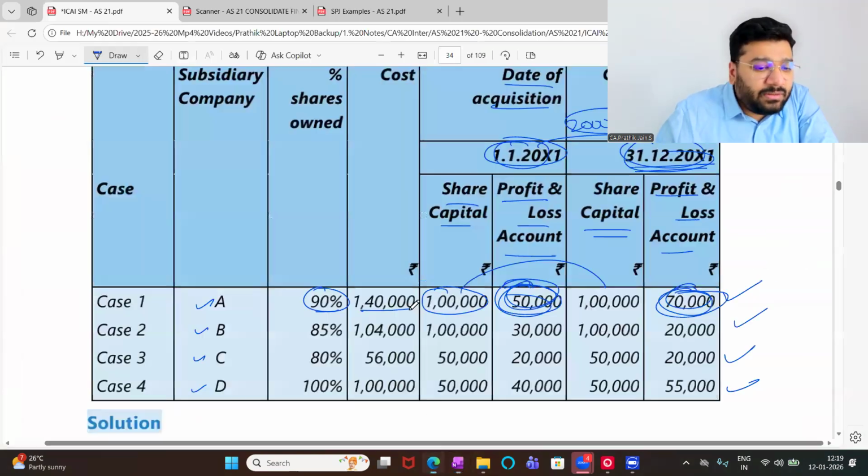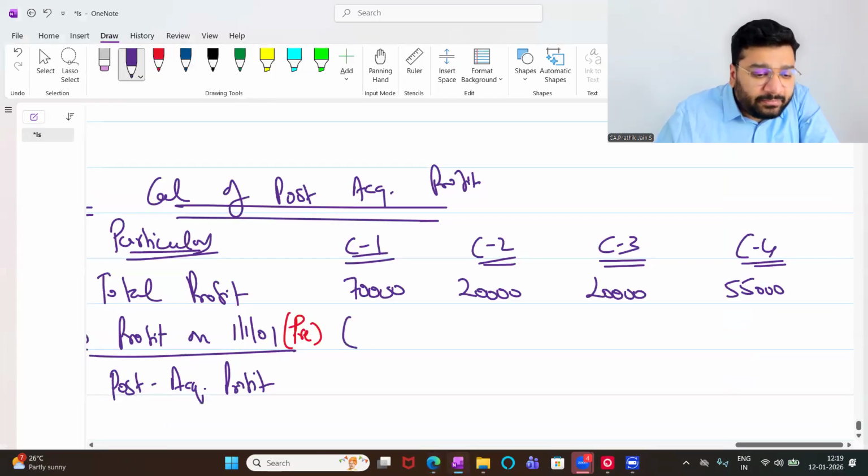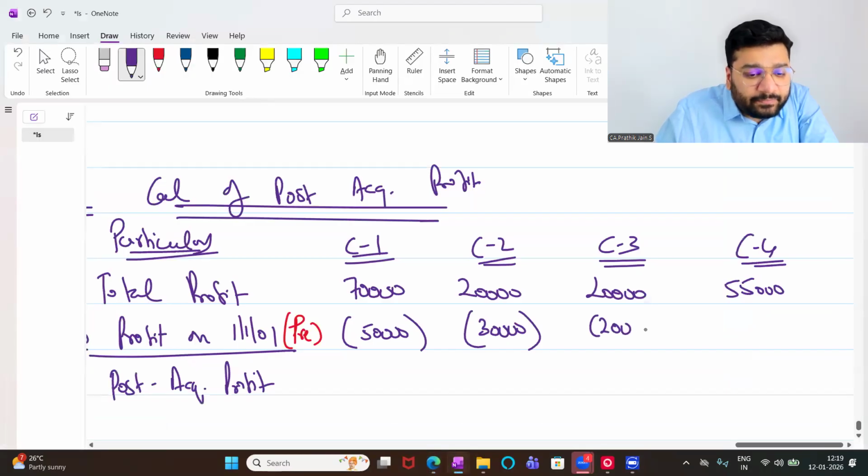From that, we have to minus the pre-acquisition profit. What is it? 50, 30, 20, 40. I'll put in bracket 50,000, 30,000, 20,000, and 40,000. Any problem?